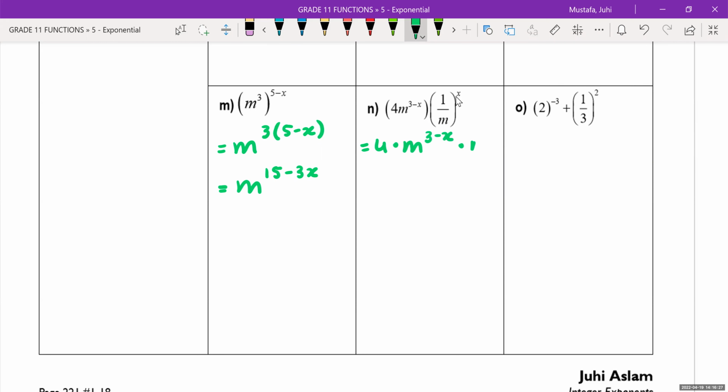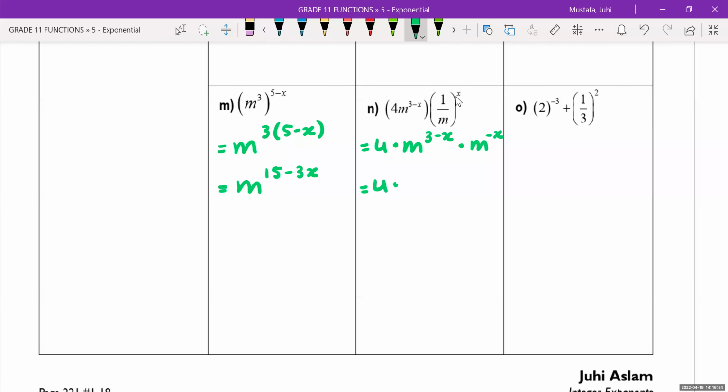So I'm going to write that as m to the power of negative x. I do this because now I have the same base m's and I can go ahead and add the exponents together. Is there another way to do this? Yeah, probably. You could have distributed the x to like 1 over x over mx and done it, but this is just one way that I'm going to do it.